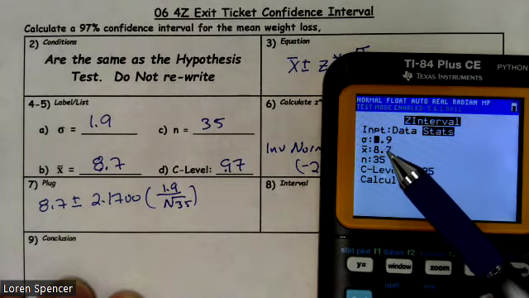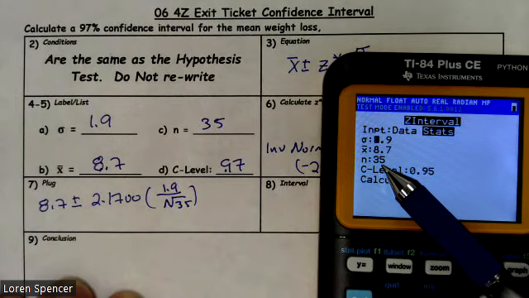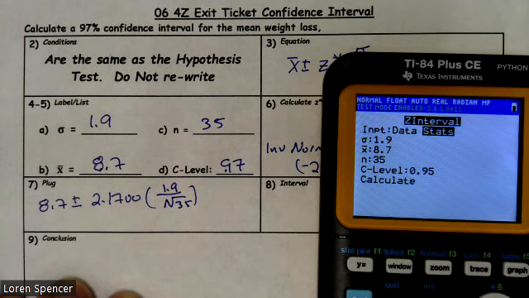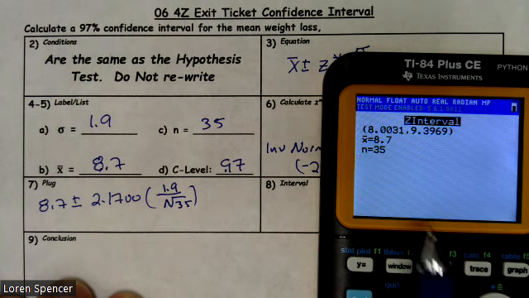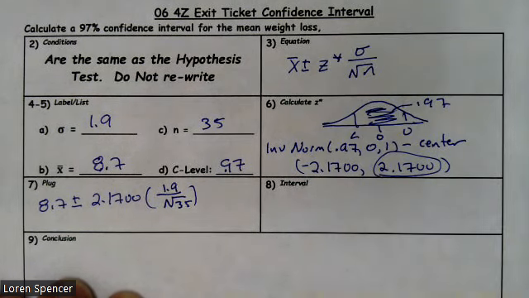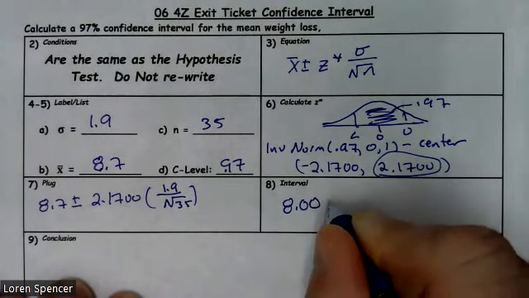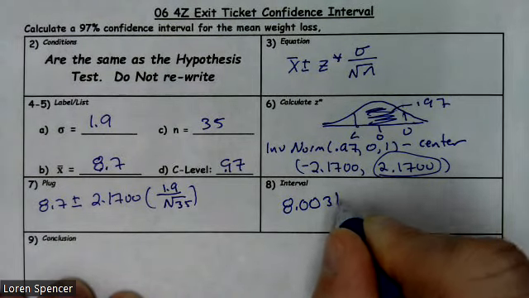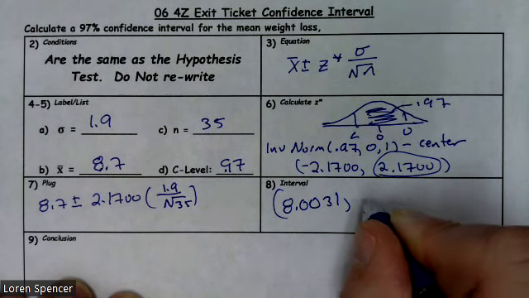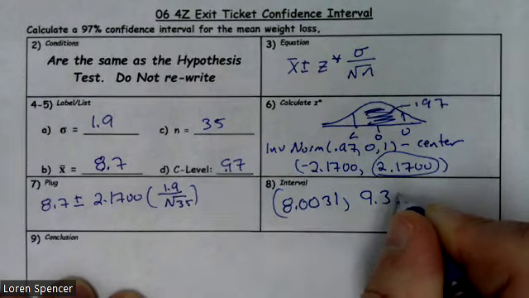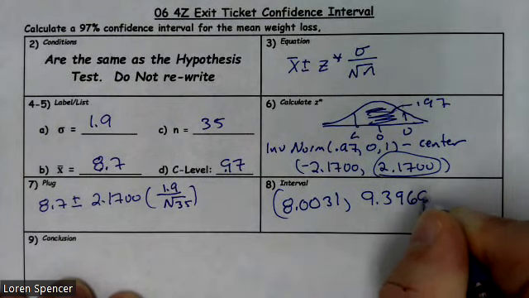1.9 is my standard deviation. 8.7 is my sample mean. n of 35 is my sample size, and we want it to be a 0.97. And we end up getting 8.0031 to 9.3969.